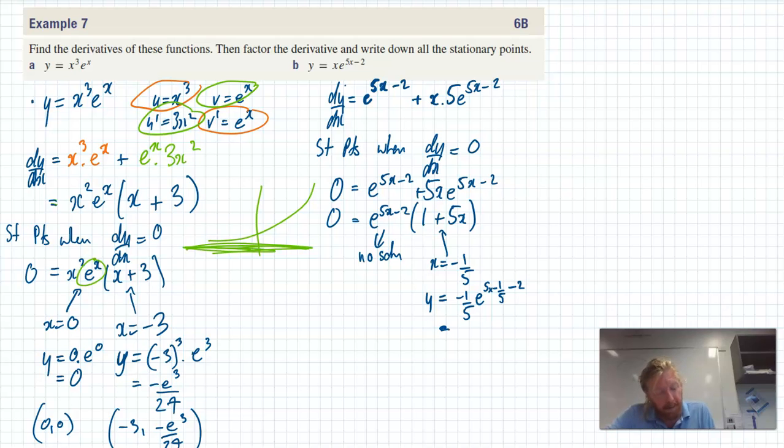This might come out nice: minus a fifth e to the minus 1 minus 2 is minus 3, equals minus 1 on 5e cubed. So that's not bad. What kind of stationary point is it, or are these? I don't know at this point. I could do the double derivative, I could test either side, and again I could sketch these, couldn't I? I won't do it in GeoGebra today. I'll leave that for you guys to do.